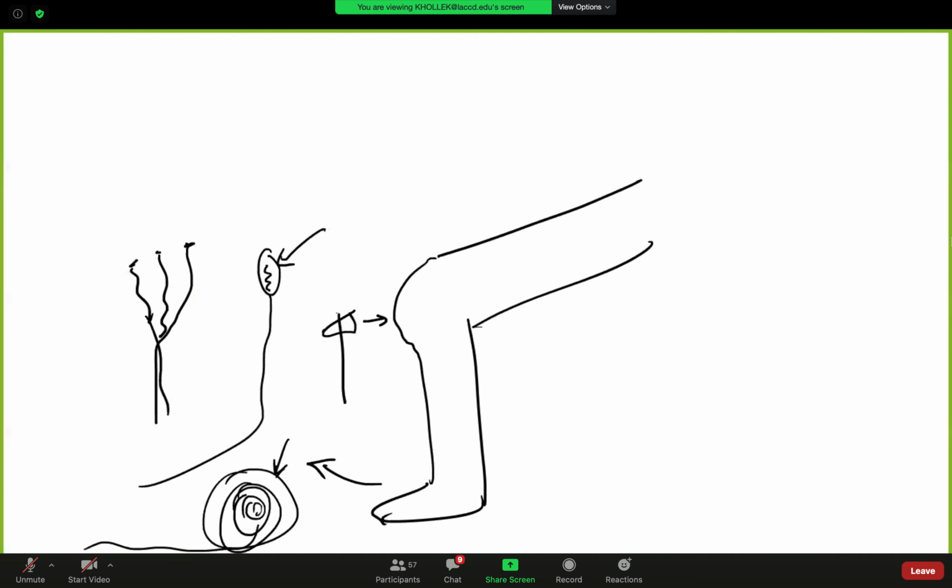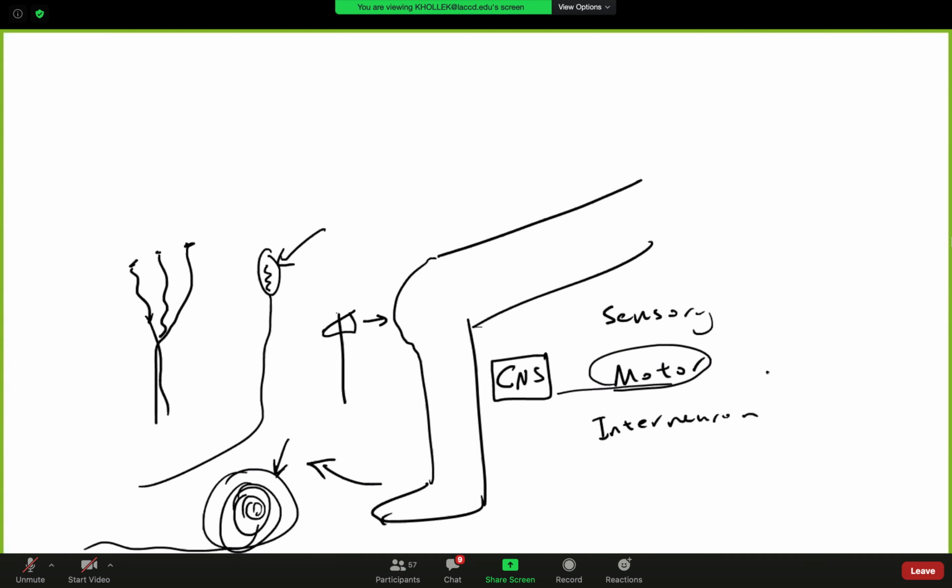There is interneurons. So make sure you know the category of the neuron. We discussed sensory neuron, we discussed motor neuron and interneuron. Motor neuron information is going from CNS out, all right, to the effector.